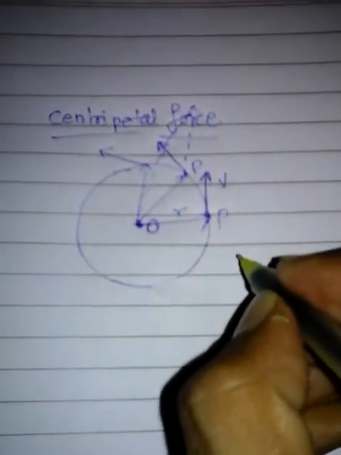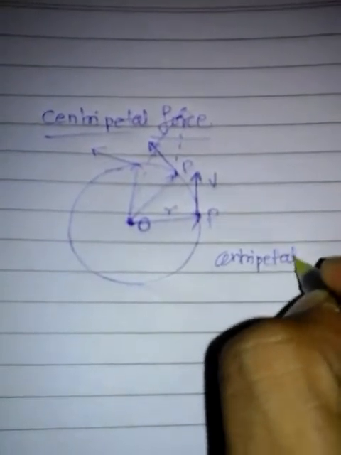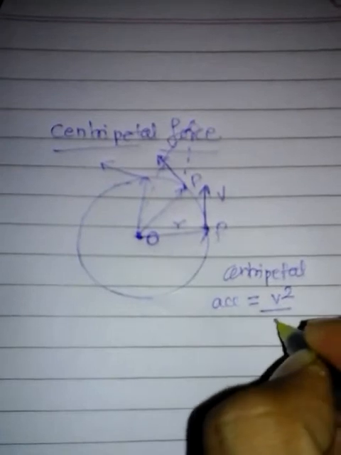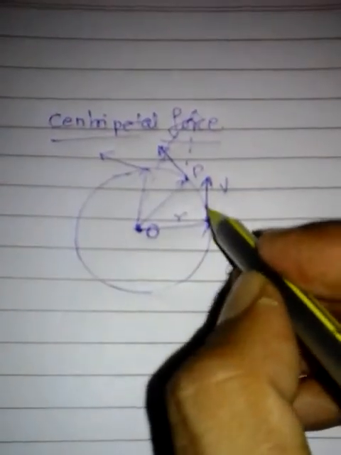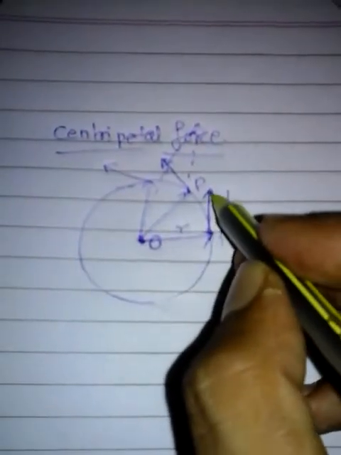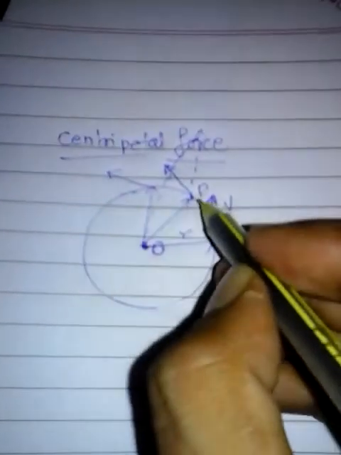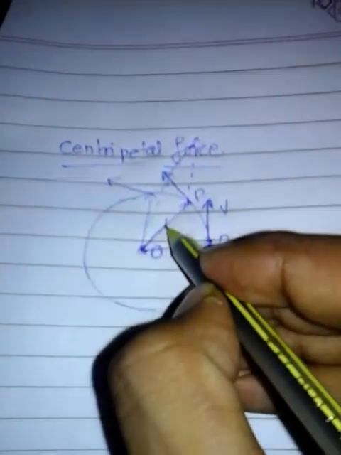That acceleration is known as centripetal acceleration, whose formula is given by v square upon r. So basically, whenever the particle moves on the circle, the direction of linear velocity changes, due to which the particle is accelerated towards the center and along the radius.